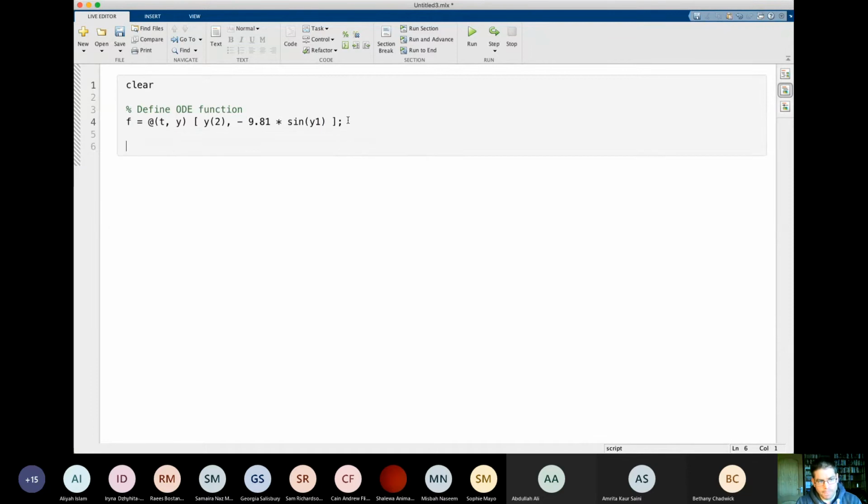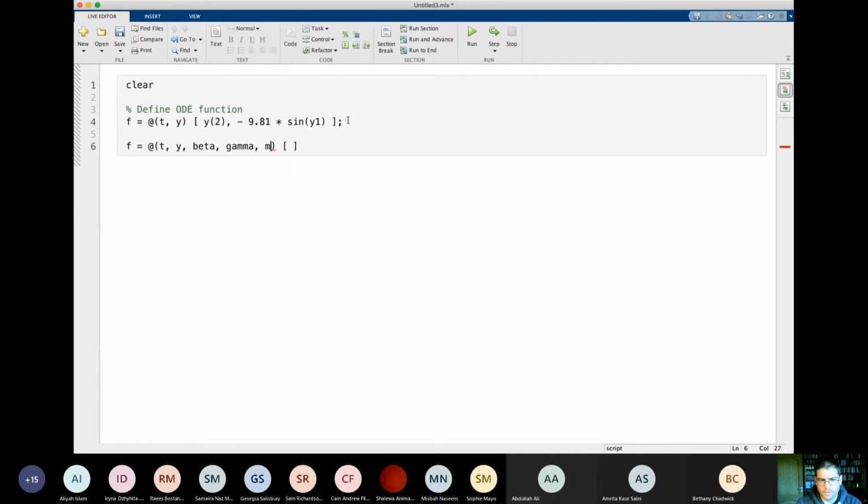For yours, you would have something like t and y, where y would be S, I, R, and D. So y would have 4 values in it. I can't quite remember exactly, but you'd also have beta, gamma, and mu.